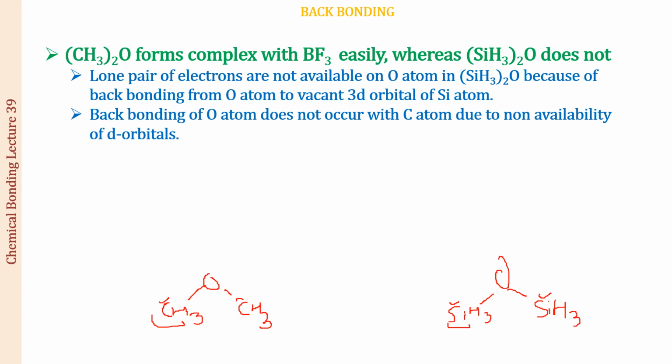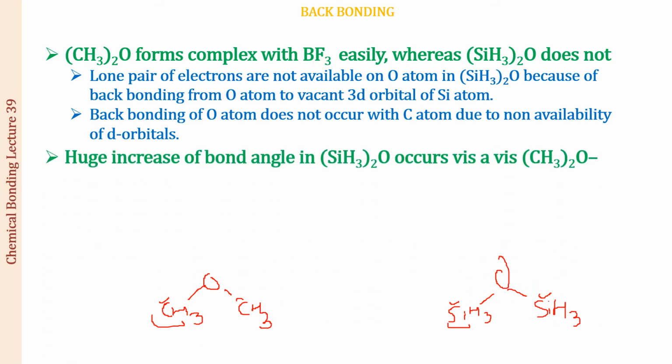And because there is back bonding, the lone pair of oxygen is utilized for the back bonding, whereas here it will not be utilized. Hence oxygen is going to use that lone pair of electrons to donate to BF3 and form a complex with it. Here this is not possible, right? I hope this is clear.